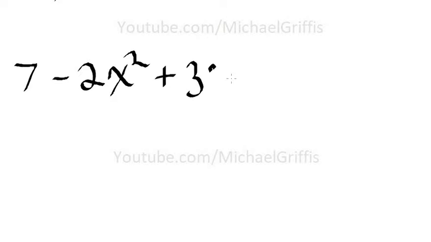Okay, moving right along. Let's see here. 7 minus 2x squared plus 3x cubed minus 1.